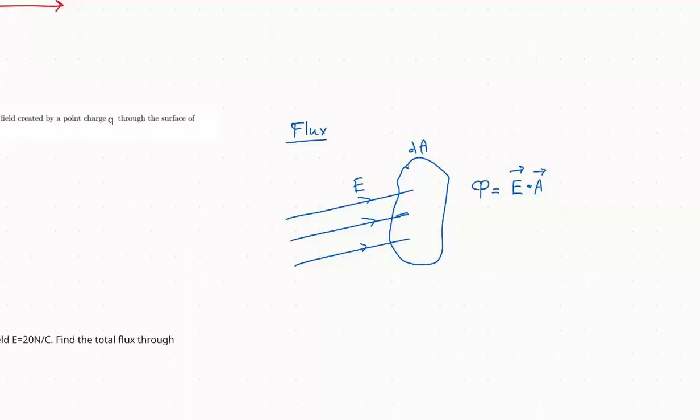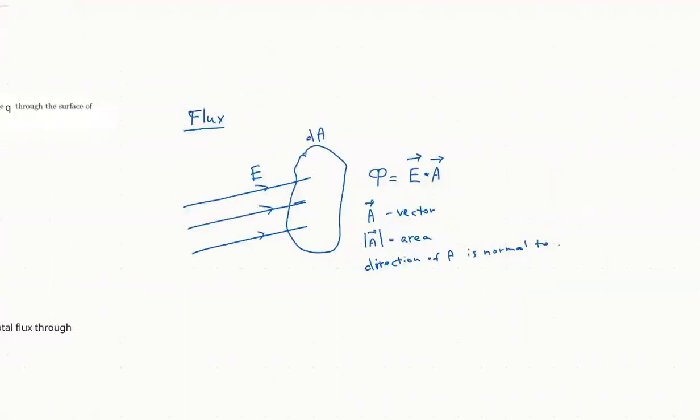So A is a vector where the modulus of A is equal to the area, and the direction of A is normal to the surface.